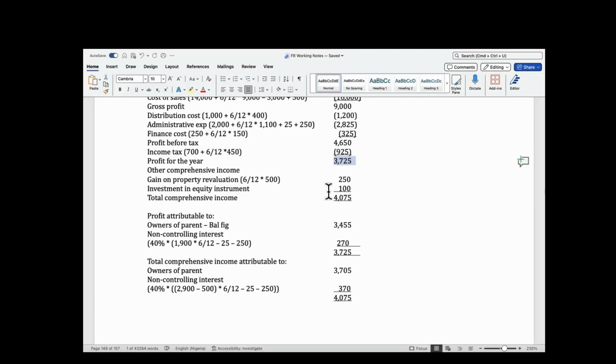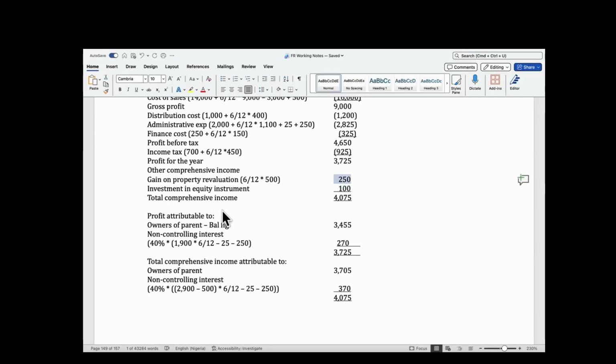Number two, we are going to share these ones as well. But we usually share the total as well, the total comprehensive income. So first, you have to share the profit before OCI, because there are two different kinds of profit. This one is the real one that people enjoy. This one includes unrealized elements.